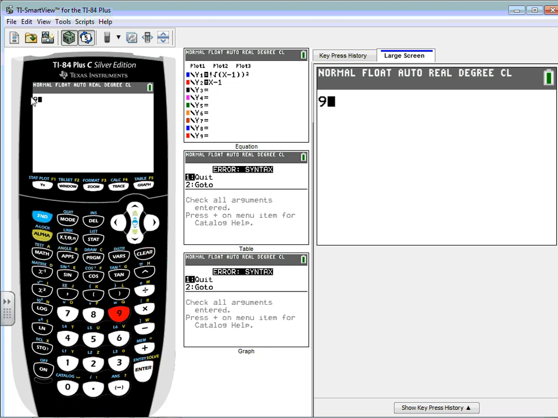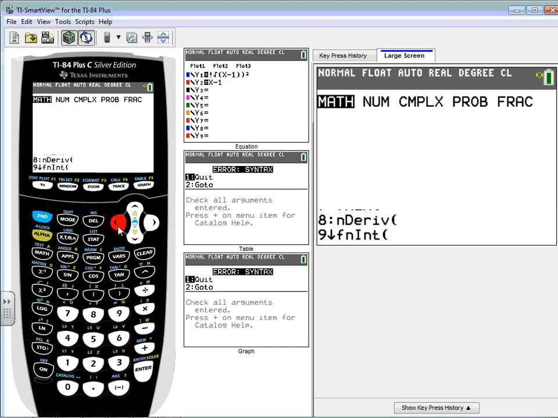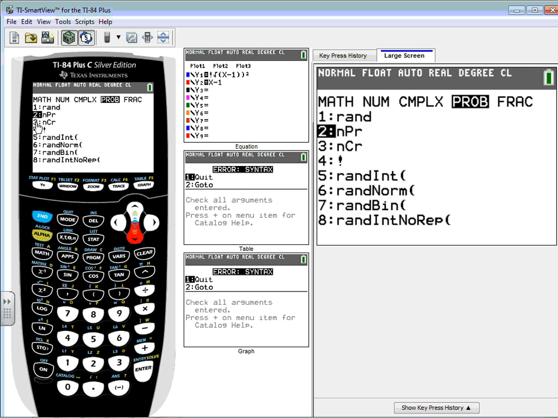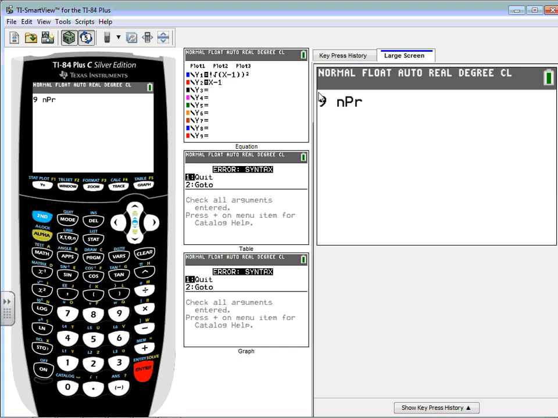So 9 was n. Then I go to the math menu, over to probability, and there's my nPr right there. It's very much the same notation, which is nice. When I hit that, the calculator picks up whatever number is in front as n, and whatever number is behind as r. So if I want to do 9 pick 4, I get 3024.